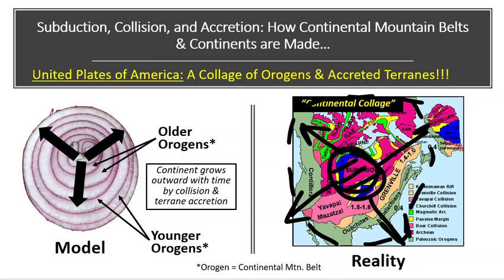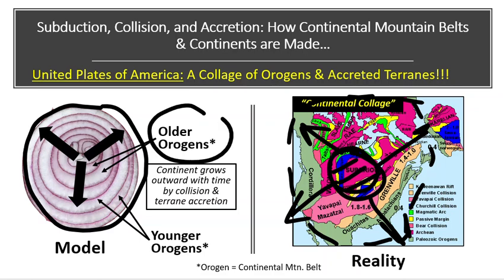And so here's a simple model to help you appreciate what's going on here. If we imagine an onion, then each layer of the onion would represent an origin, a continental mountain belt. And so in the middle of the onion, we would have older origins. And again, each origin is probably going to be composed of dozens of accreted terrains.